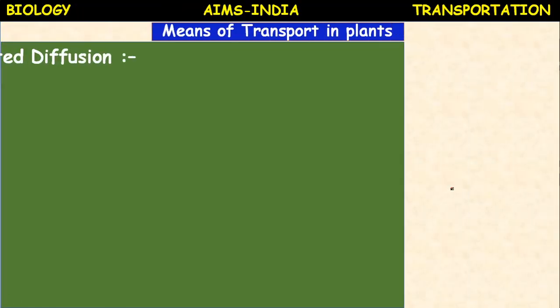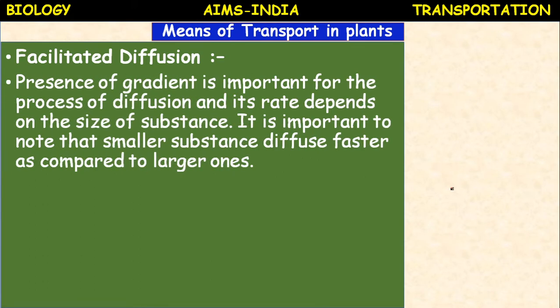Next, facilitated diffusion. The presence of a gradient is important for the process of diffusion, and its rate depends on the size of the substance. It is important to note that smaller substances diffuse faster as compared to larger ones.